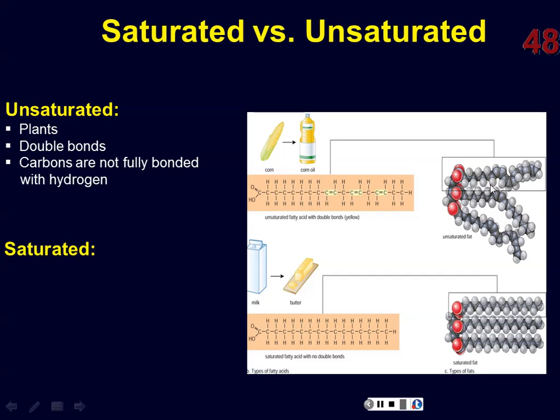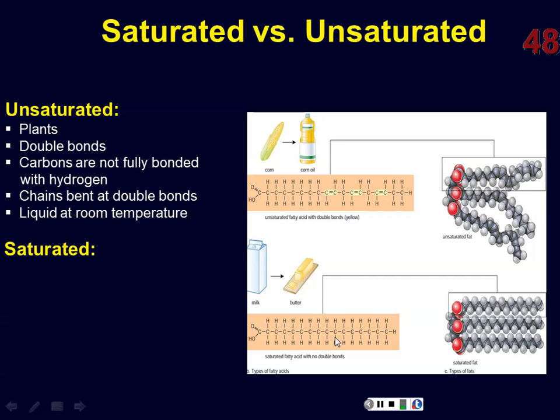Well, these kinks prohibit those molecules from stacking on each other nicely. So when you stack a whole bunch of those molecules together, they don't fit together. And that's what causes those substances to be liquid at room temperature. Those kinky fatty acids.